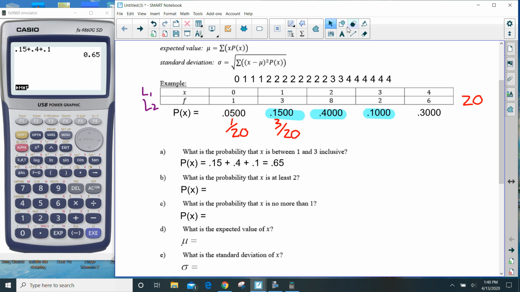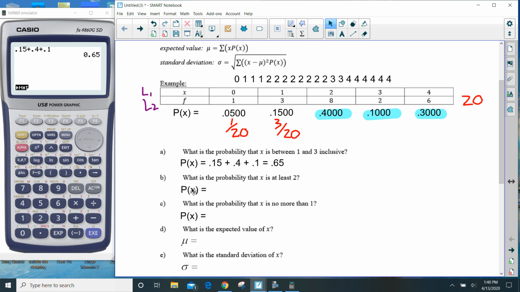Okay, so if you need to find the range of things, you just add up the probabilities of that range. Again, I'll show you another way of doing this. Okay, probability that x is at least 2. So the question here is, do you understand what at least is? At least means the smallest it will be is 2. So at least 2 would be the probability of 2, 3, and 4.